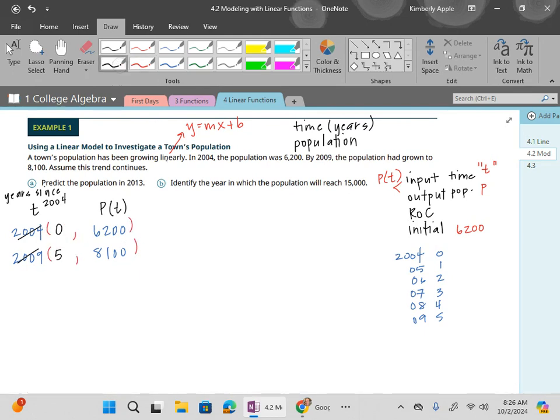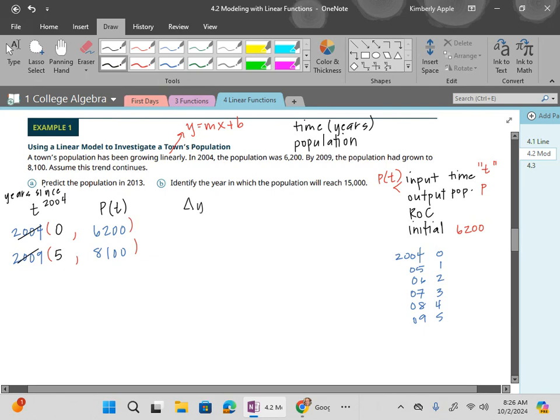And we know how to calculate rate of change. That is change in y over change in x, which is essentially, in this case, the change in p of t over the change in t, right? So this would be 8,100 minus 6,200. And then this calculation is quite simple. So 8,100 minus 6,200, I don't remember what that is. Hold on. I wrote it down.